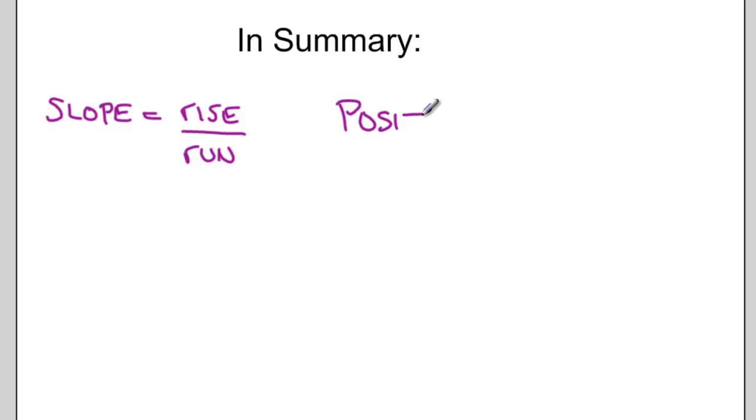So just to summarize, we've looked at the equation for slope, and we've said that slope is equal to the rise of a line divided by the run of a line. And we looked at situations where we have a positive slope.